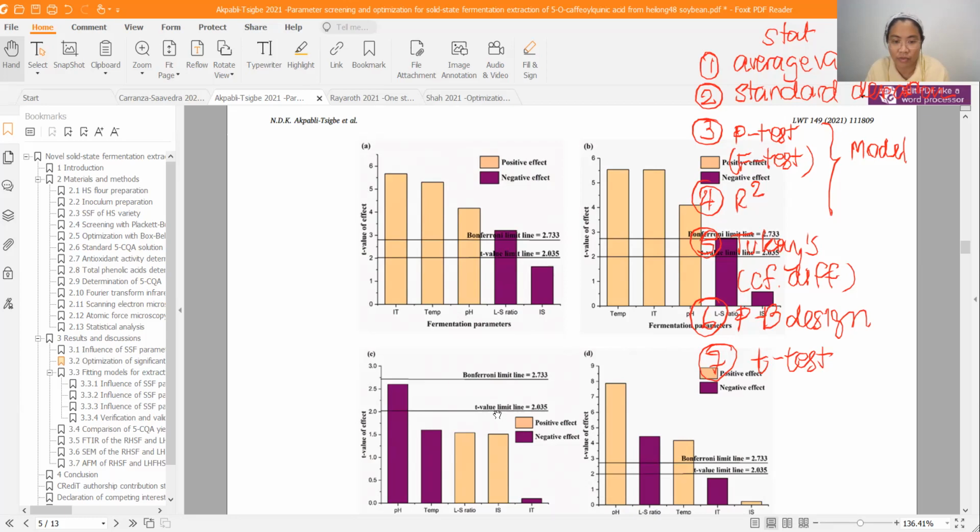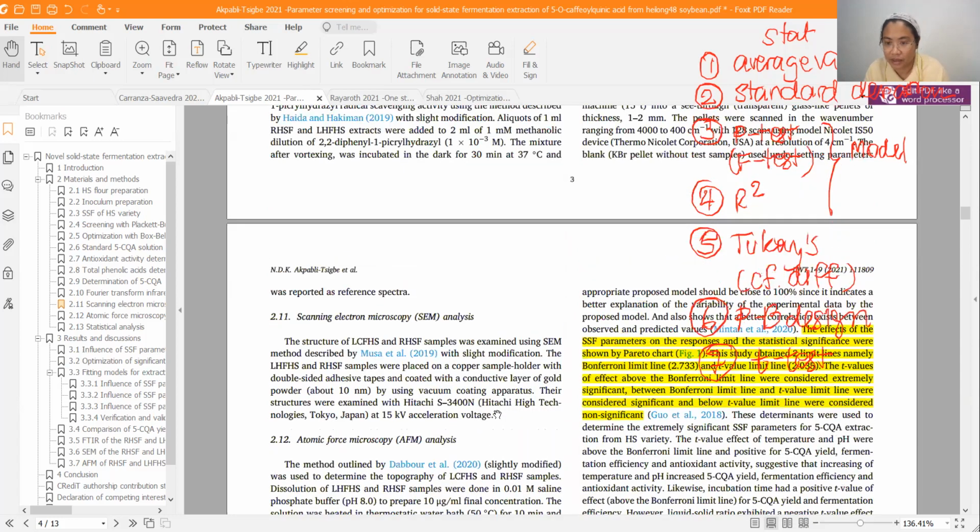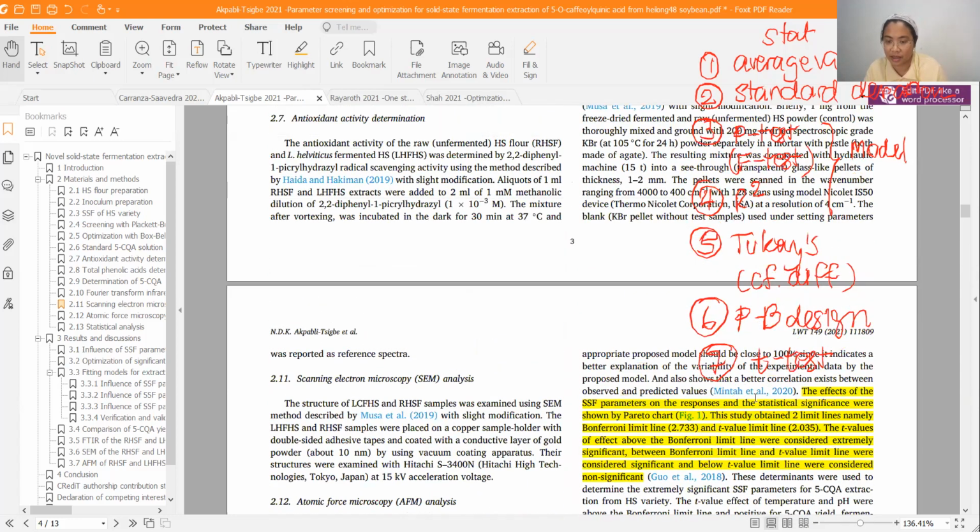The important one is the t value limited line, and it is the test because it says here, look at the highlight. It says the effect of parameters on response is shown in the Pareto chart that we just saw earlier. This study obtained two limited lines, the Bonferroni limited line and the t-value limited line.